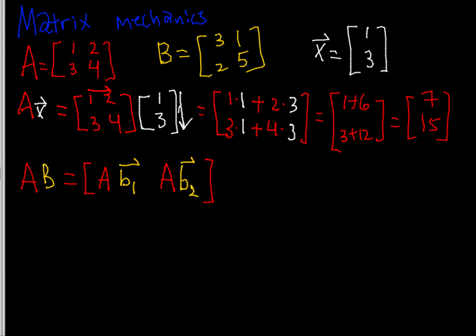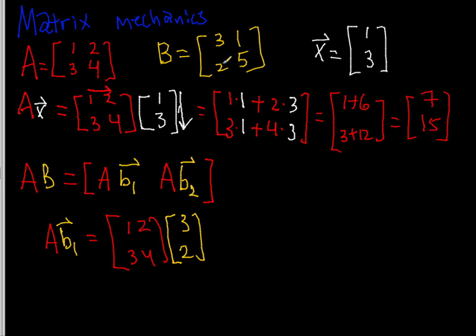Let's do this separately and then plug it in at the end. This is the same thing that we just did. I'll rewrite it: 1, 2 and 3, 4, times the first column, which is 3, 2.